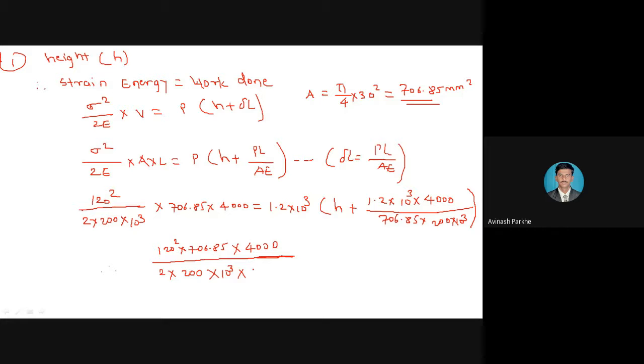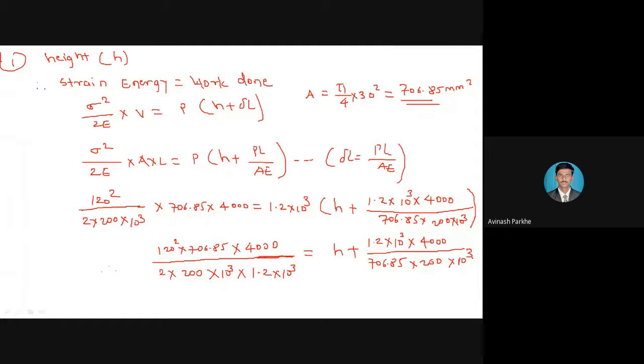If I take it to the left side, 1.2 into 10 raised to 3 is equal to the only term remaining, H plus 1.2 into 10 raised to 3 into 4000 divided by 706.85 into 200 into 10 raised to 3.